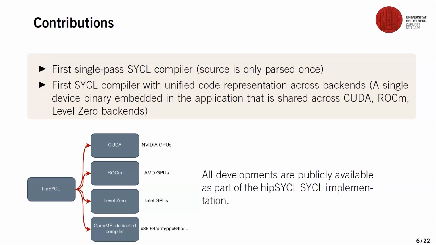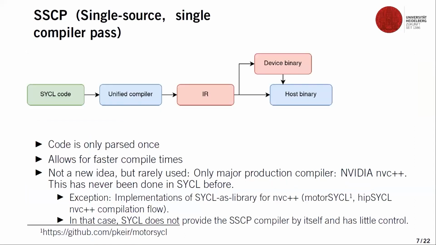So if you clone the hipSYCL repository today and build it, then you will get this functionality that I'm talking about here. So what is this new model, the single pass compilation model? The SYCL specification calls it SSCP, which stands for single source, single compiler pass. And you can think about it somehow as illustrated here. So you have your SYCL code, which is then fed into a unified compiler, which parses it at once.